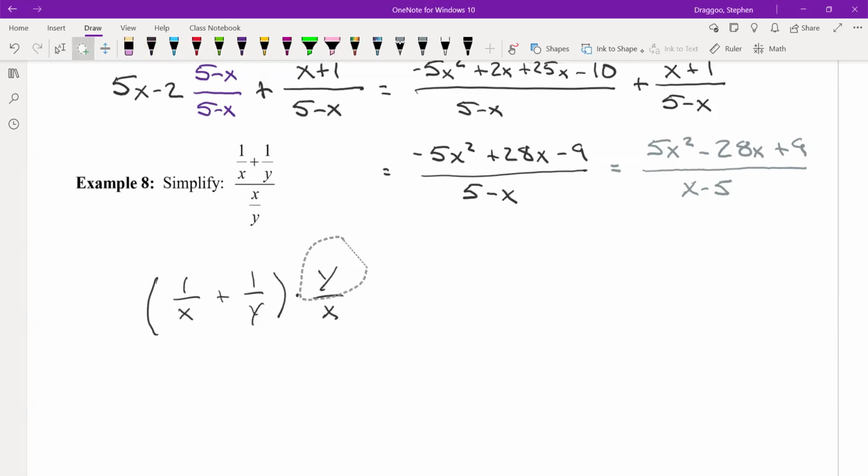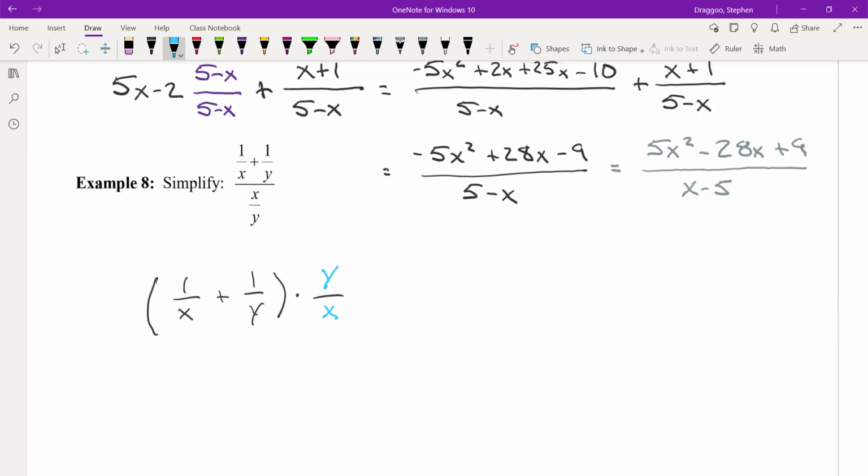So notice that the y and the x switched places because I was dividing by a fraction, so that'll be the same as multiplying by its reciprocal. So that's step one, is noticing that that should switch around.